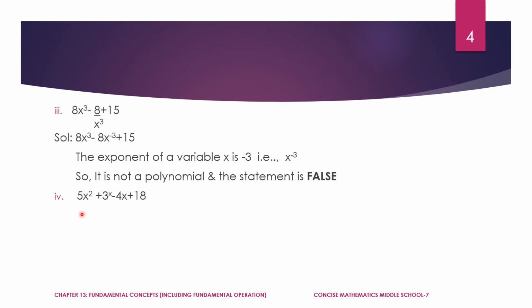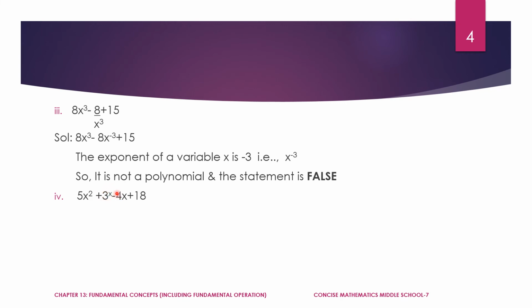Next, 5x square plus 3x minus 4x plus 18, plus 3 to the power of x. See, I already explained this in the set of rules. Be thorough in that, then only you can identify whether the statement is a polynomial or not. Here I previously said that it should not contain an exponent that is a variable.